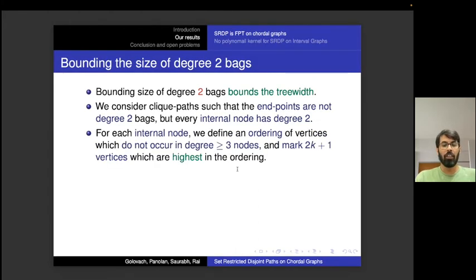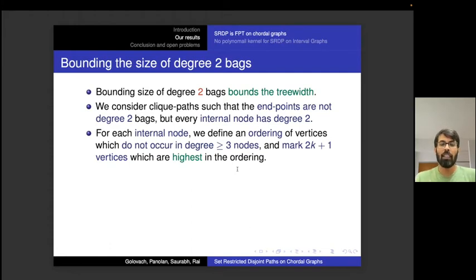And for each internal node, again, we do a marking procedure. And in that, we first define an ordering of the vertices. And we define this ordering only for the vertices which do not occur in the degree greater than or equal to 3 nodes, because they are already bounded. So they are going to contribute at most k cubed to the size of this degree 2 bag. So we don't mark them.